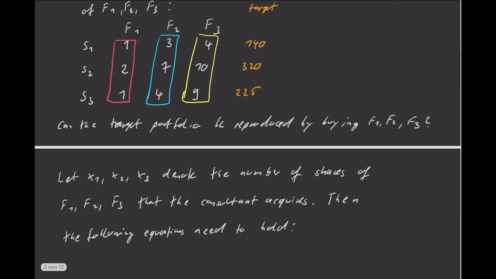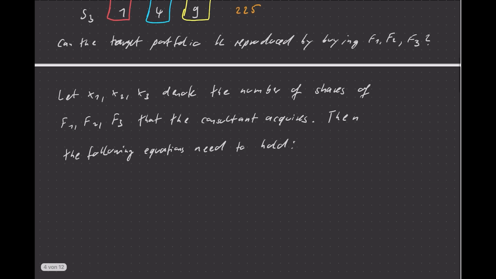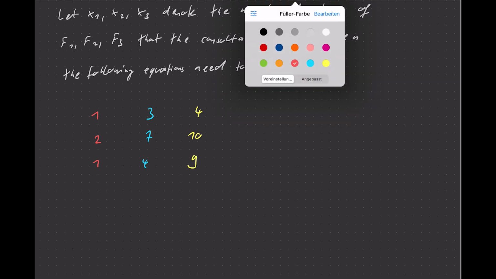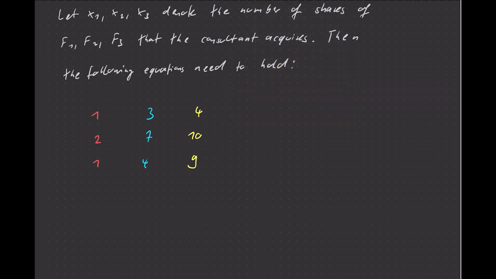So we get this many shares of S1 by buying F1, this many shares of S1 by buying F2, this many shares of S1 by buying F3.